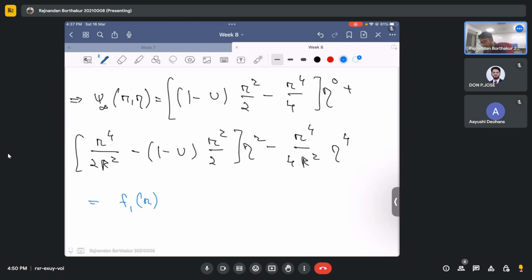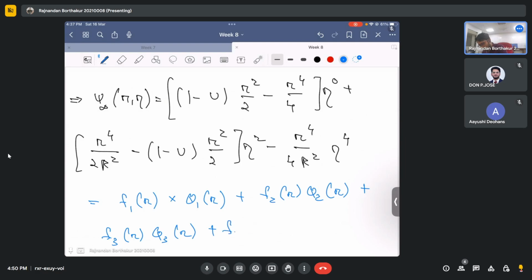I want to write it as f1 of r times q1 of eta, plus f2 of r times q2 of eta, plus f3 of r times q3 of eta, plus, let's say, f4 of r times q4 of eta, plus the higher order modes.